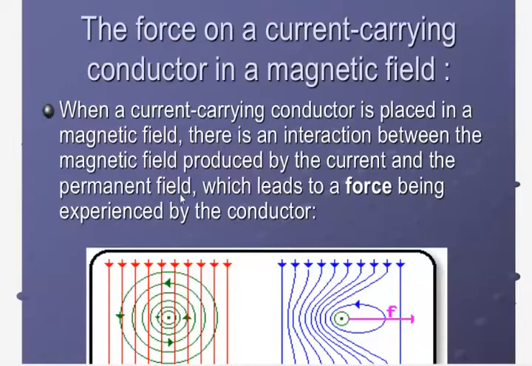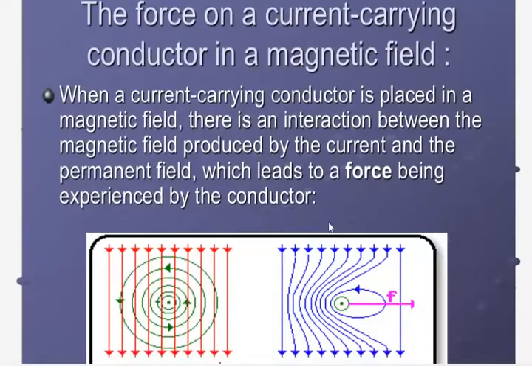As we place the current carrying conductor in the external magnetic field of a permanent magnet, there is also an electromagnet, that is, the electromagnet is due to current flowing through the conductor. So the two magnetic fields interact with each other. That's why the current carrying conductor experiences a force.